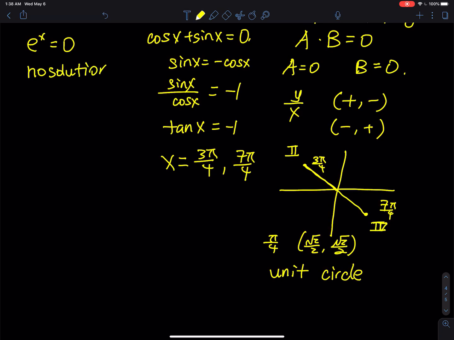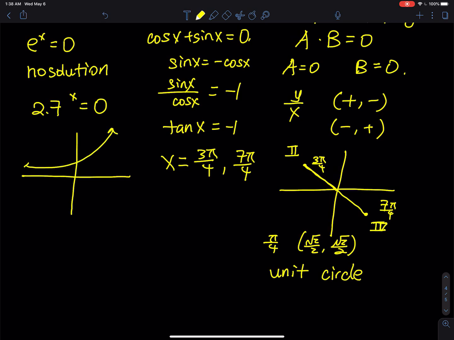Two ways to explain this. First, e is around 2.7. 2.7 raised to what power is equal to 0? That is impossible, right? You can't multiply 2.7 by itself a few times to get a 0. That is the first way to explain it. The second way is you recall the graph of e to the x, which looks like this.